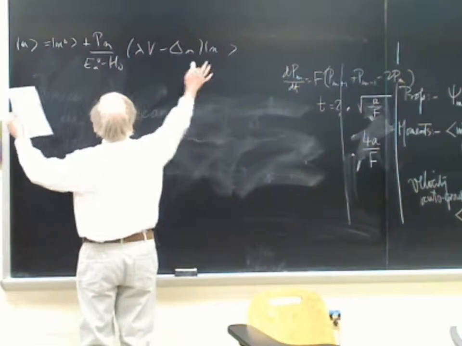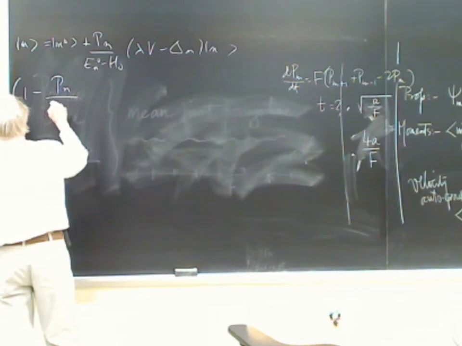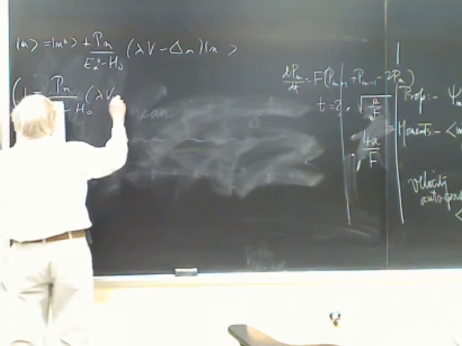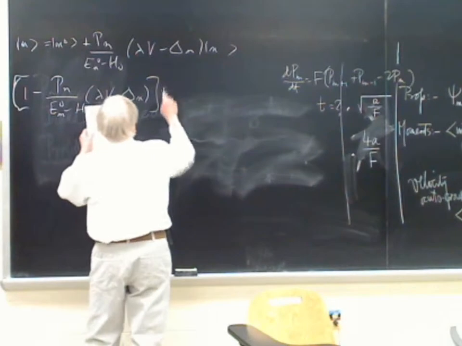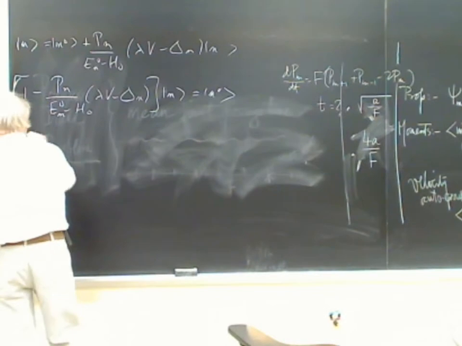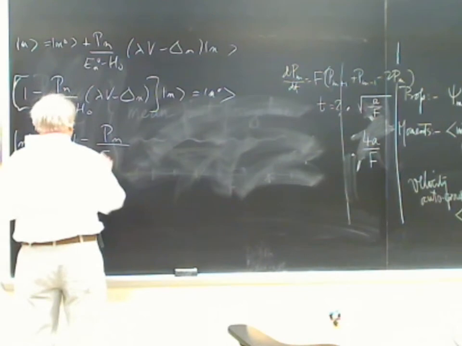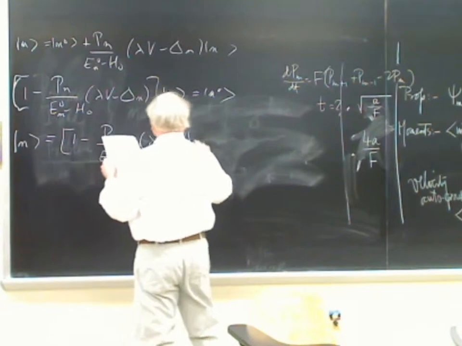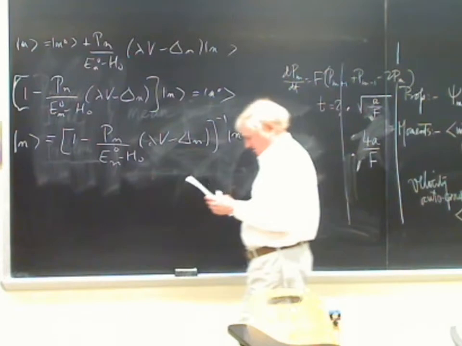We can rewrite this pulling the n over to one side as 1 minus Pn over En0 minus H0, lambda b minus delta n, acting on n equals n0. And that tells us that n is 1 minus Pn over En0 minus H0, lambda b minus delta n, inverse, n0. So that's sort of a closed form solution.